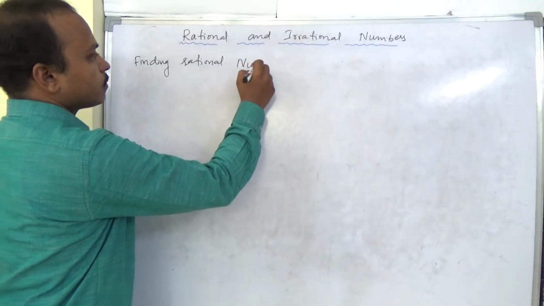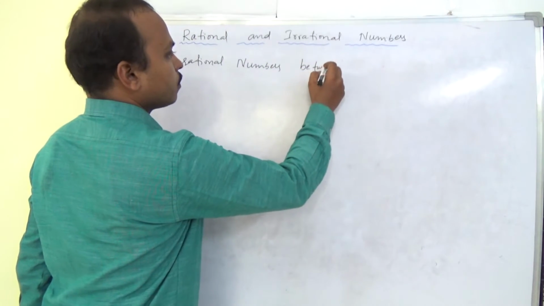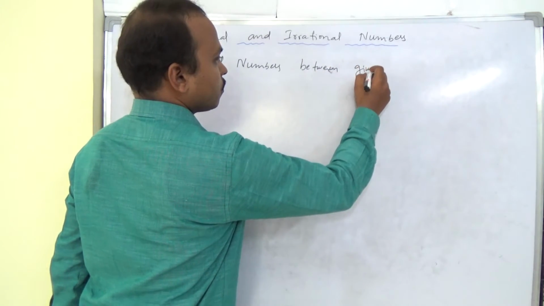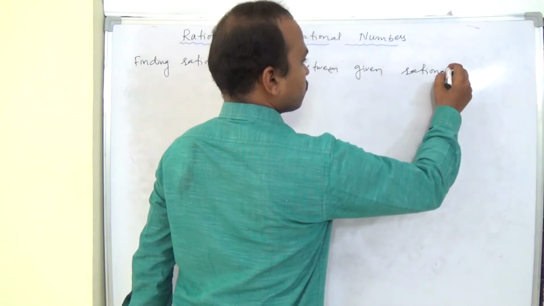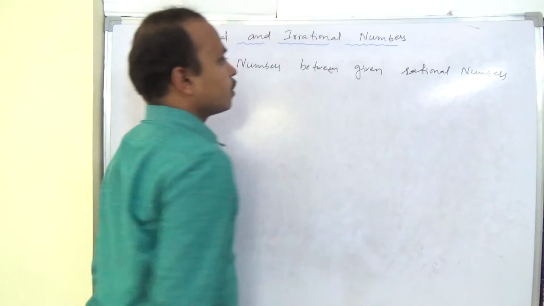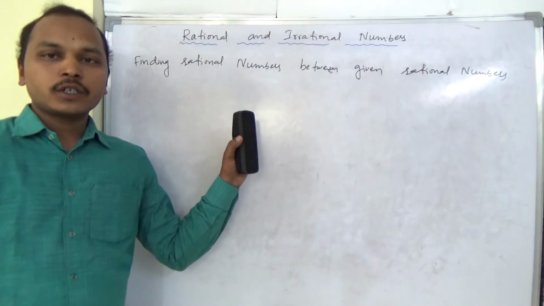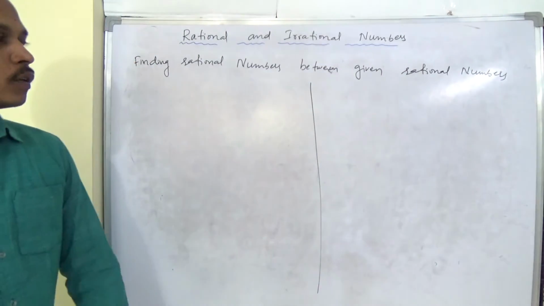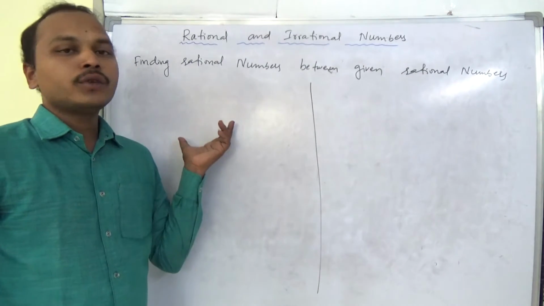Any two rational numbers are given, and we will find some more rational numbers between them. We will see two methods to find a large number of rational numbers and a few rational numbers.